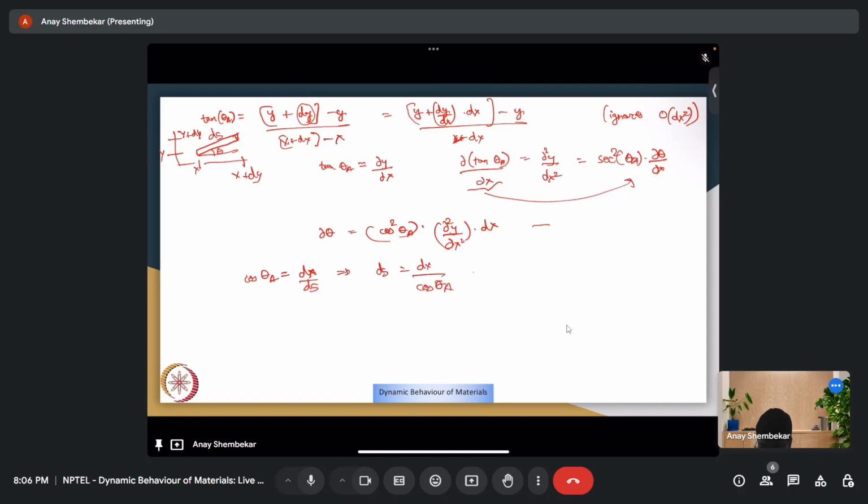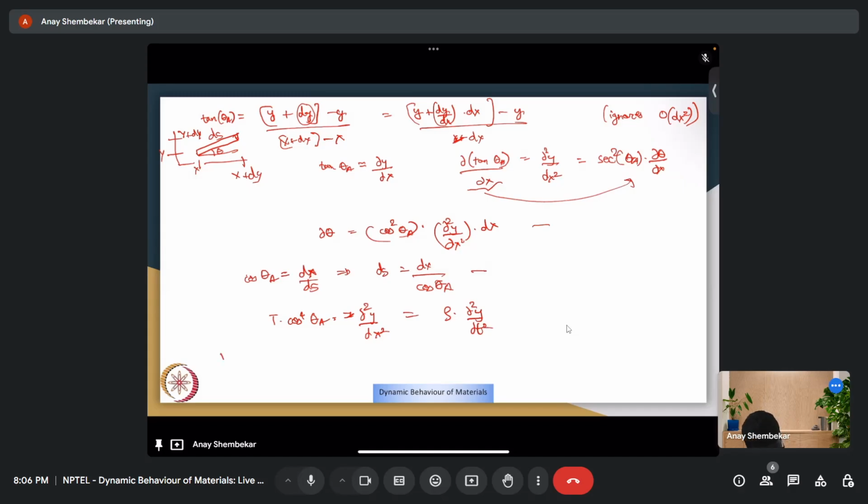If I combine these three equations, I end up with T cos to the power 4 theta times d square y by dx square equal to rho d square y by dt square.